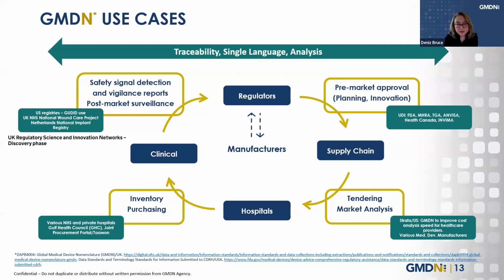We can also give the example of the Netherlands National Implant Registry, which has been going on for a while. Within all these use cases and projects, we work together and collaborate with GS1 in different countries, in the Netherlands, in the UK, and other parts of the world.